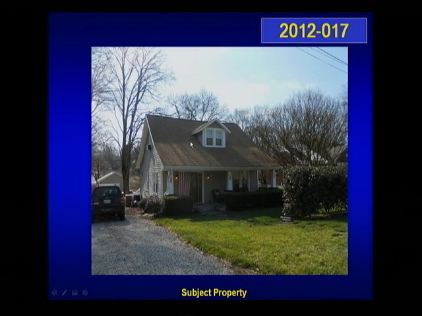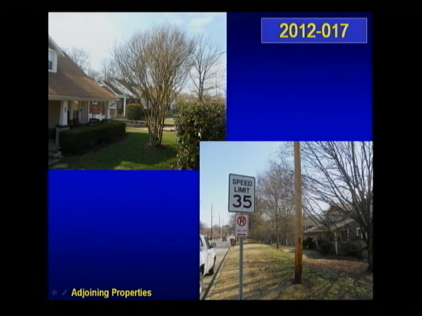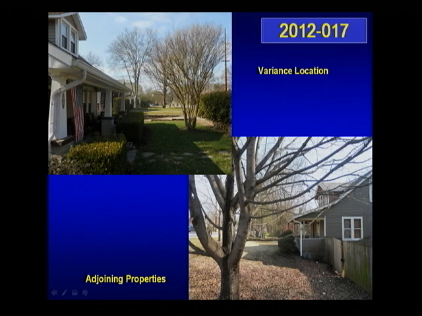This is looking at the subject property and the adjoining properties on the left and right-hand sides. The home to the right is one of the two numbers used in the average of the two structures. This is the other home that is the average here. The proposal, and this is my best guesstimate of the location of this addition, would come out approximately 12 feet from what you see here, and the new front porch will be put on.